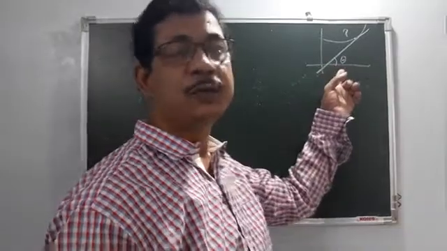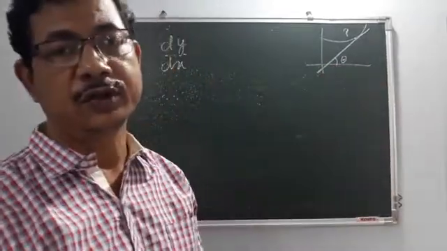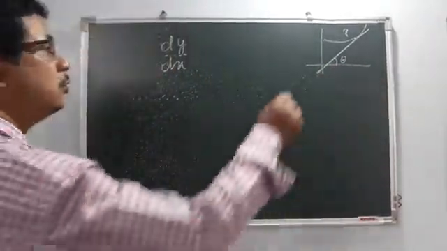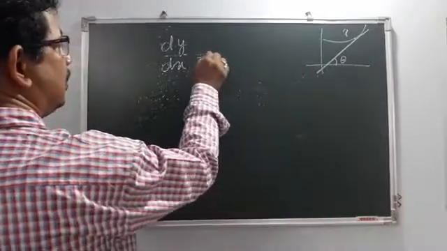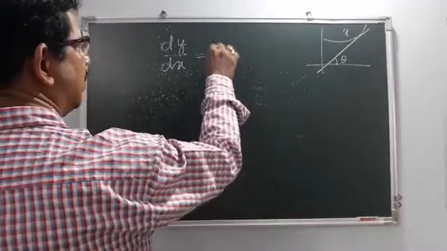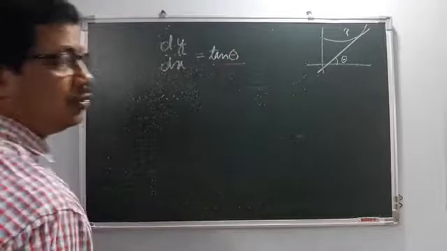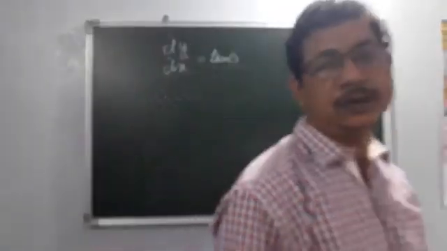That makes an angle, suppose theta, with the positive direction of the x-axis. Then the slope of this tangent means tan theta. This is the geometrical meaning of dy/dx.